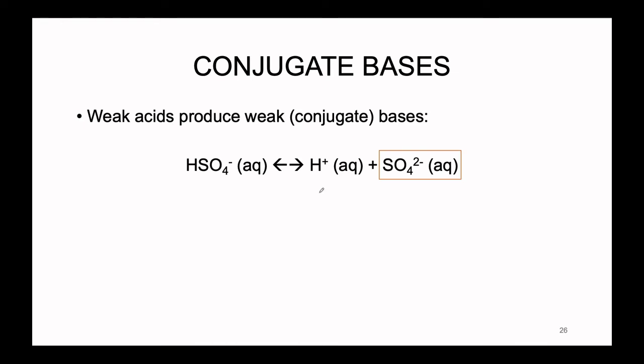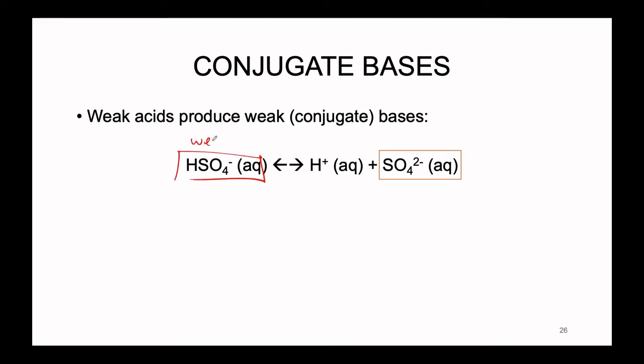All right, so in solution, weak acids are known to produce weak or conjugate bases. So a conjugate base, as we can see from this example reaction below, is the product of a weak acid dissociating. Our weak acid in this hypothetical case is HSO4-.